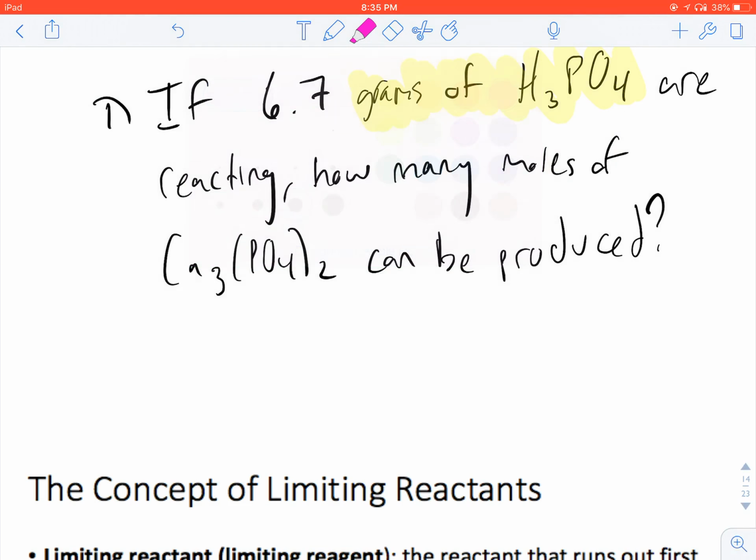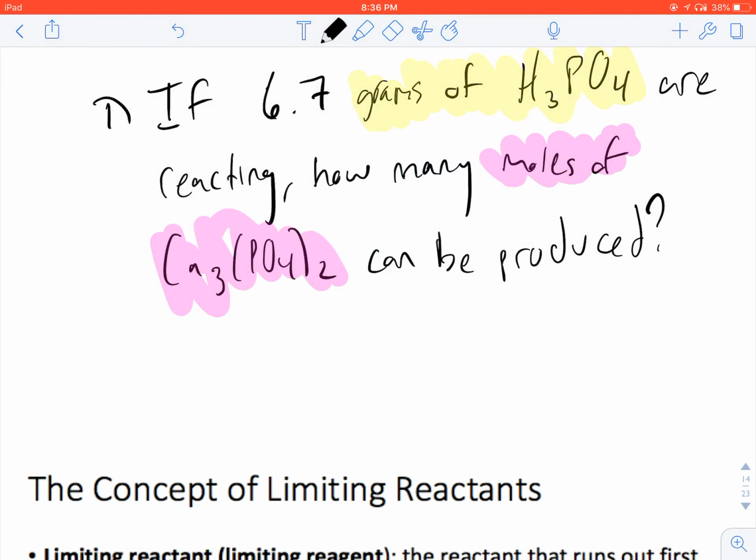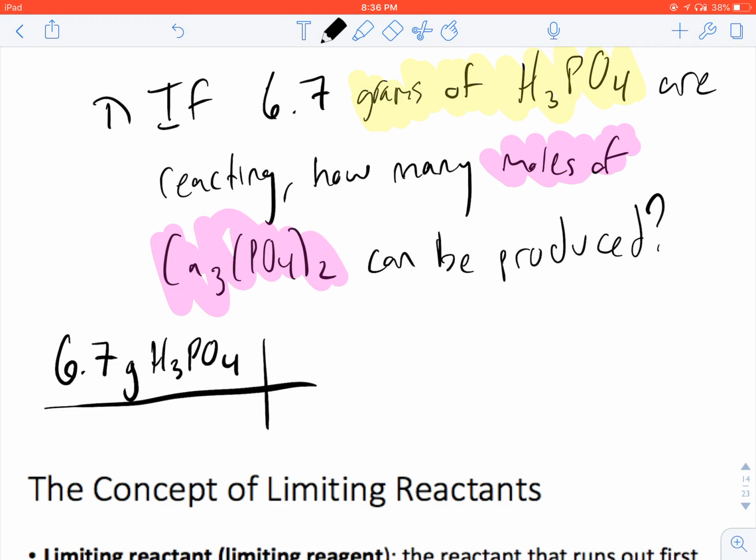Now, we start with 6.7 grams of phosphoric acid, and we want to get to moles of calcium phosphate.